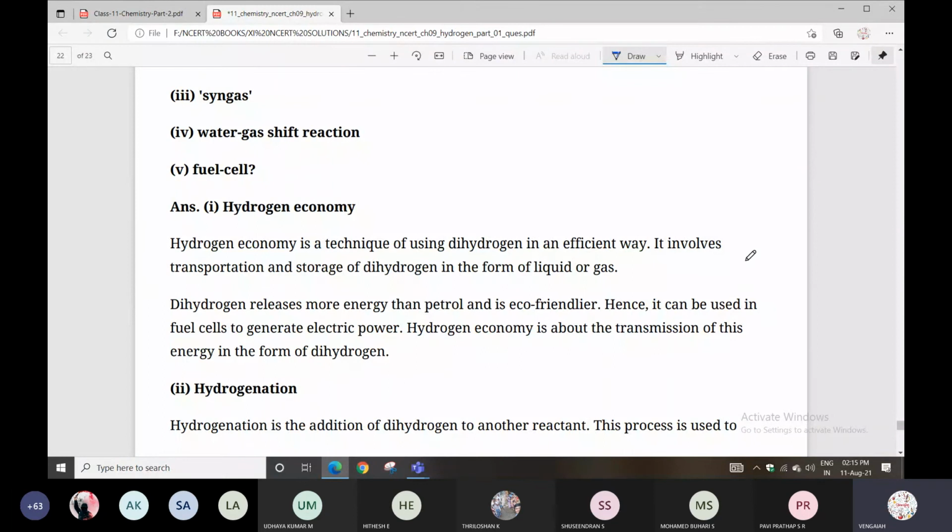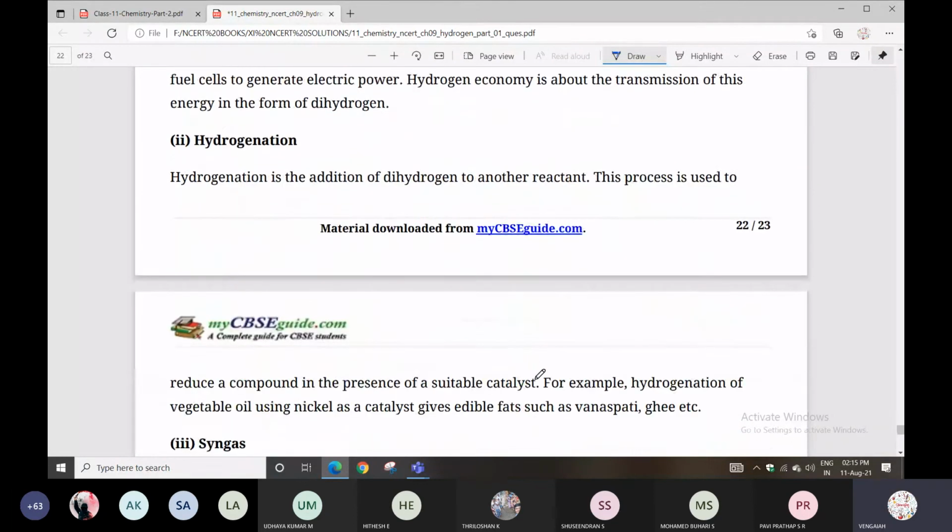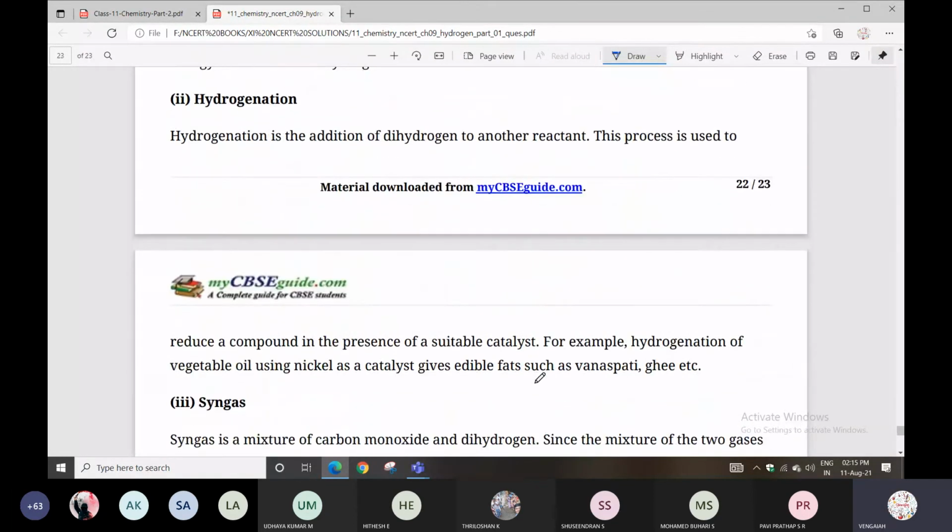Next one is hydrogenation. Hydrogenation is the addition of dihydrogen to another reactant. This process is used to reduce a compound in the presence of a suitable catalyst. For example, hydrogenation of vegetable oil using nickel as a catalyst gives edible fats such as vanaspati ghee.